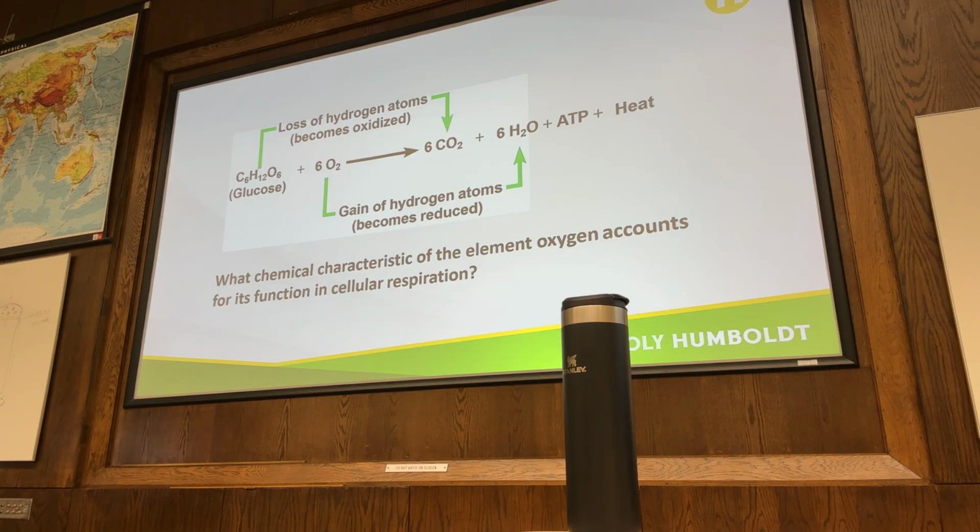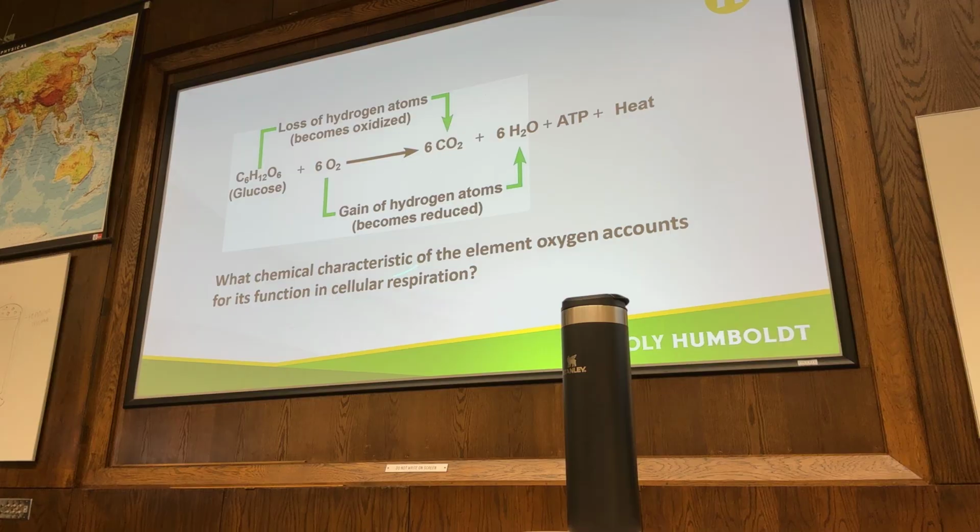Here's cellular respiration as a redox reaction. Okay? Check it out. Glucose is going to get a bunch of electrons stripped off of it. It's going to be oxidized. Those electrons are going to end up on oxygen. It's going to get reduced.